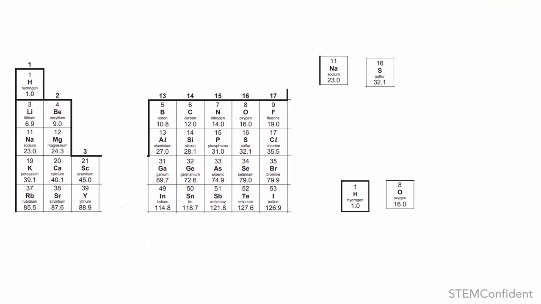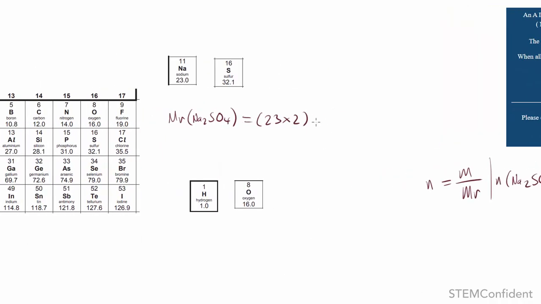We can work out the molar mass through the periodic table. The Mr of Na₂SO₄ is going to be 23 times 2, plus, for S, 32.1, and then for O4, you add 16 times 4.